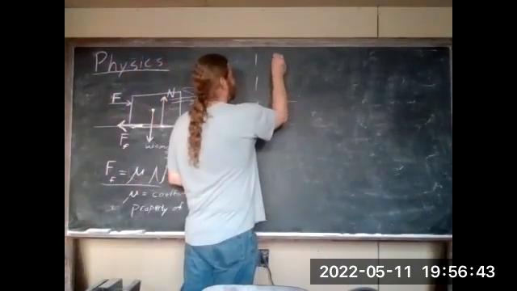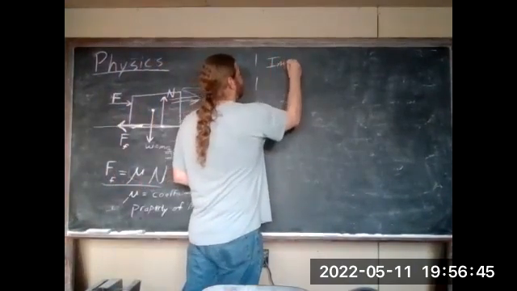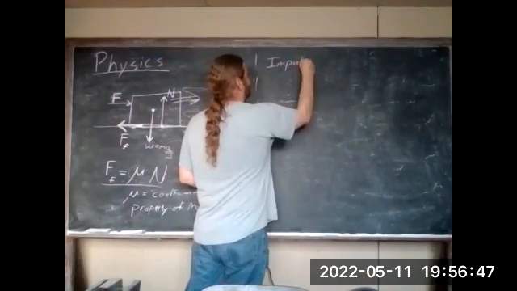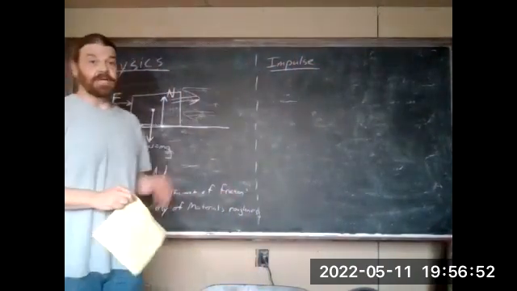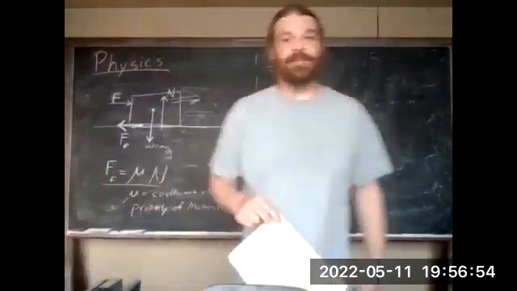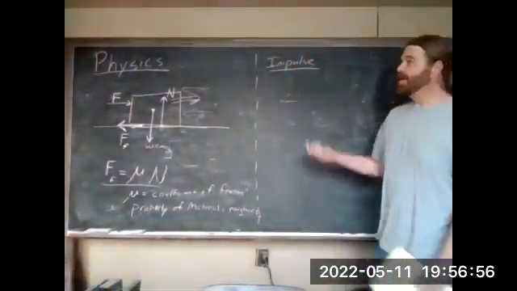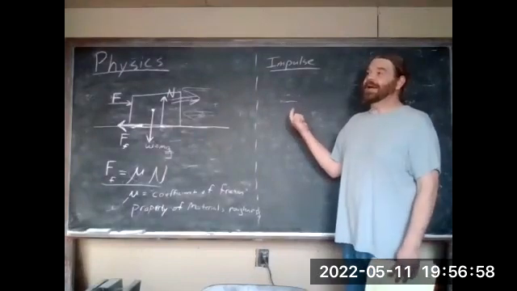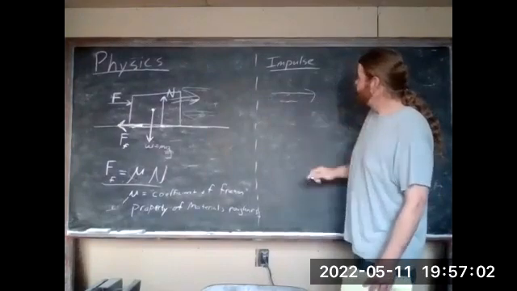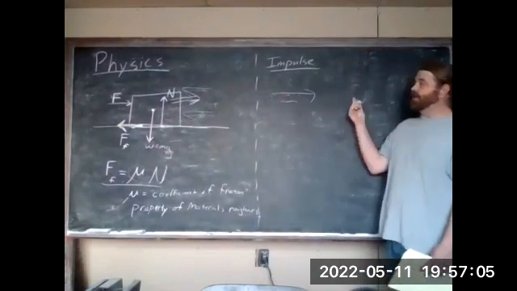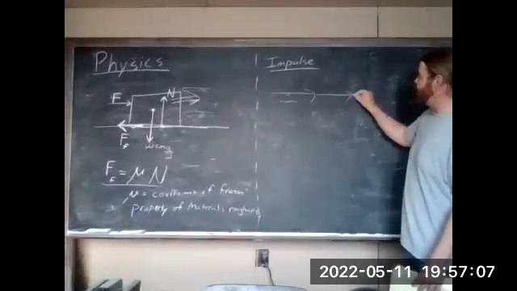Inertia is that tendency to keep moving. The next thing I wanted to talk about is impulse, the effects of inertia. So what's that inertia really? Inertia is the tendency to keep moving. So unless we stop something that's moving in this direction, it's just going to keep moving in this direction.